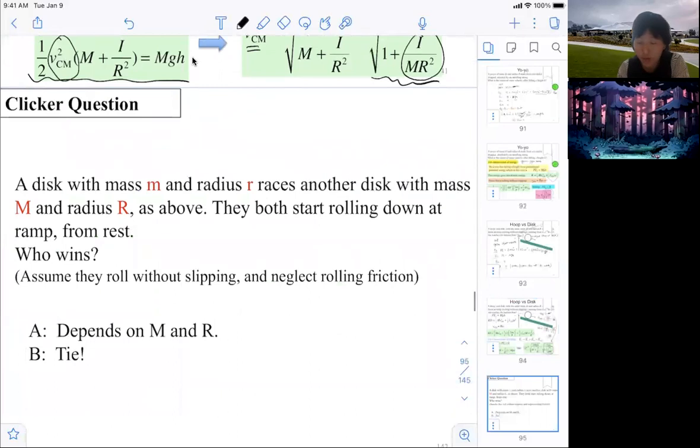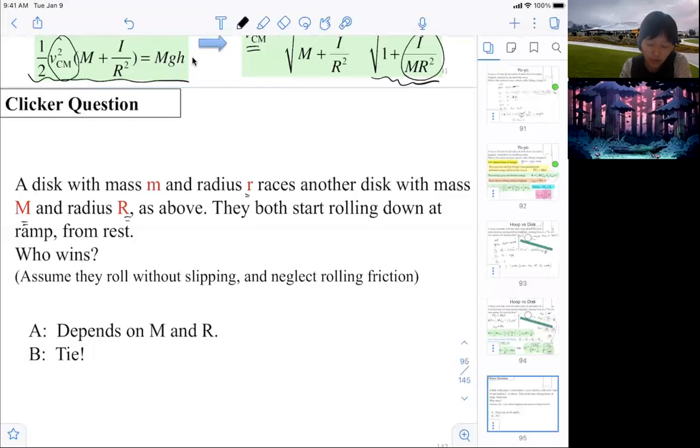To expand on the result a little bit more, we are now giving you 2 different disks, the same shape, but with different masses and radii. One has a smaller mass and a smaller radius, one has a bigger mass and a bigger radius. Which one wins the race?